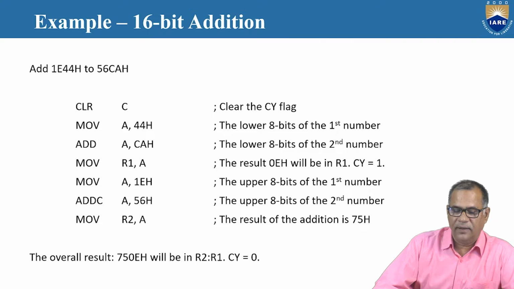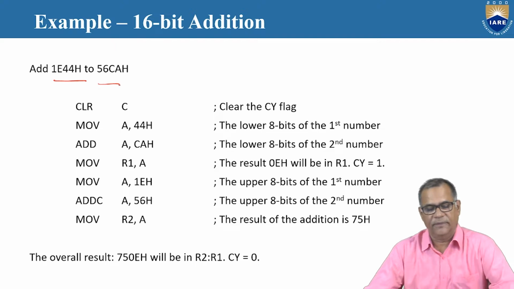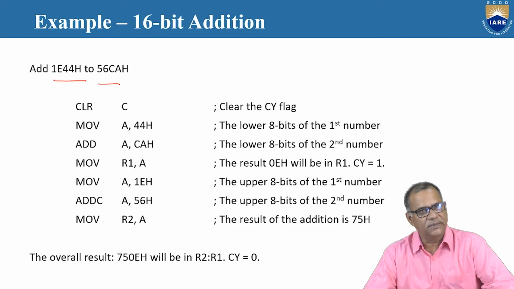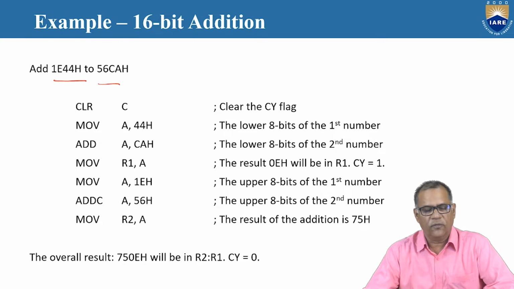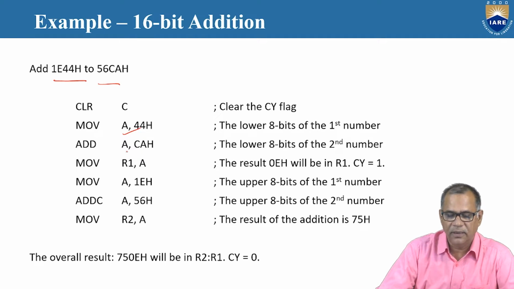Addition of 1E44 and 56CA. So this is for the 16-bit addition. First, let us clear the carry flag with CLR C. Then MOV A, #44H, so 44H is moved to the accumulator, and ADD A, #0CAH.